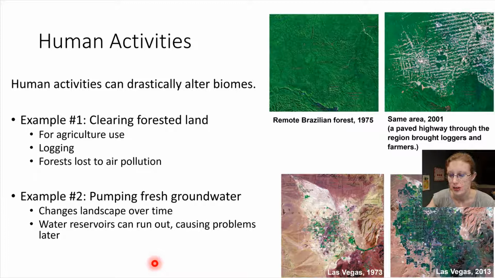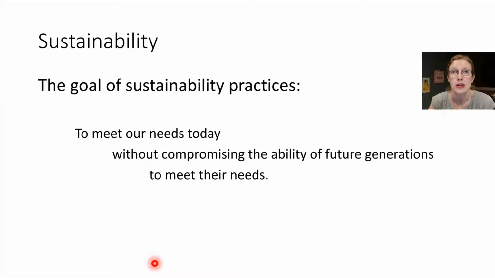So this leads us to the idea of sustainability. Sustainability has a very specific goal in mind. Sustainability practices strive to meet our needs today, so provide us with the resources that we need, whether it's lumber or water or what have you, but to do that in a way that doesn't compromise the ability of future generations to do the very same thing.